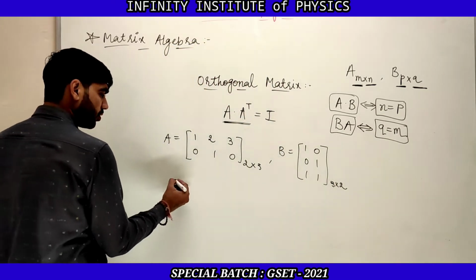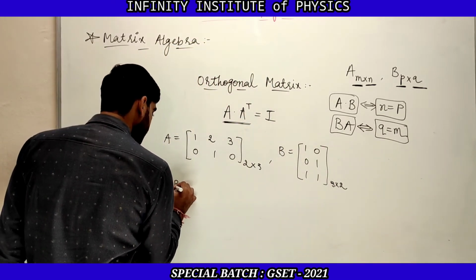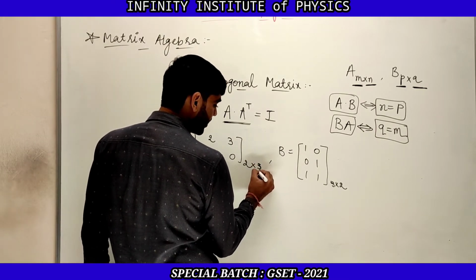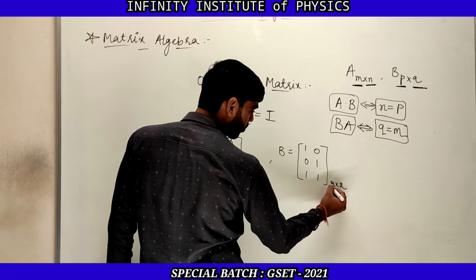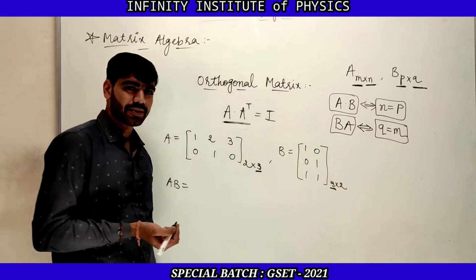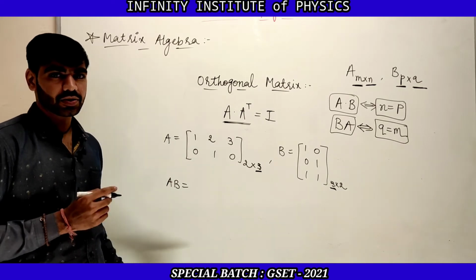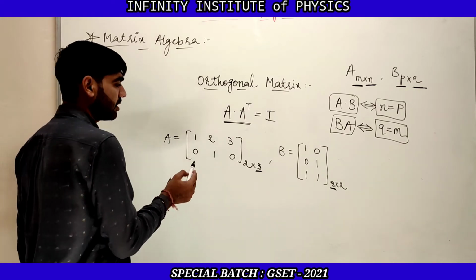So if we want to find A into B, then the number of columns of the first matrix and the number of rows of the second matrix are the same, so A into B is possible.